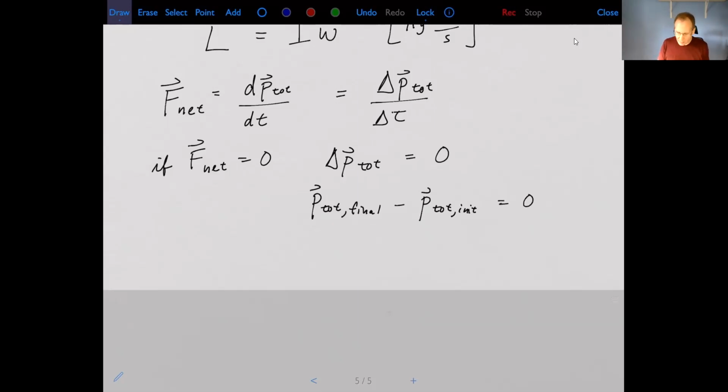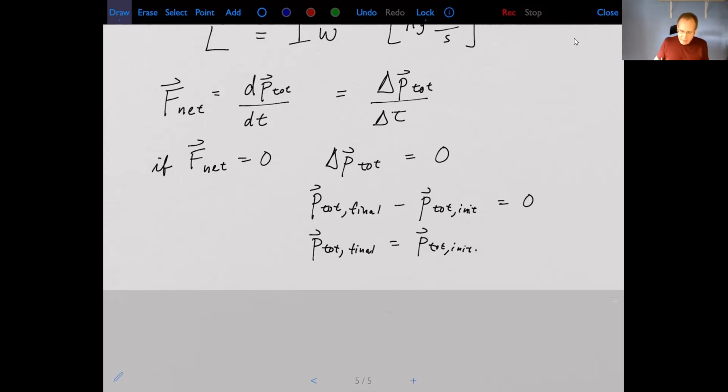And then, of course, we could bring one of those to the other side, and we could say P total final was equal to P total initial. Okay, and that's what we meant by total linear momentum being conserved. If the net force is 0, then total linear momentum was conserved. And since this is a vector equation, this could also just hold for one of the components. Maybe just the x component or just the y component could be conserved.